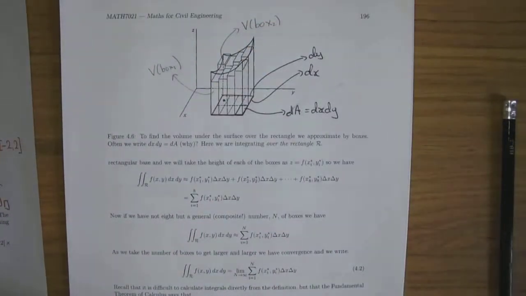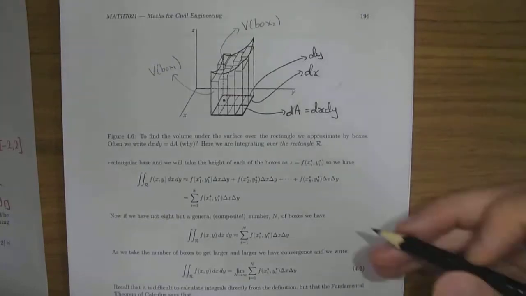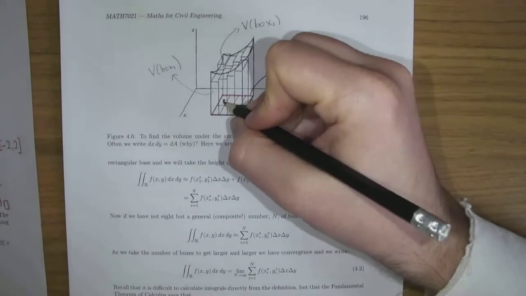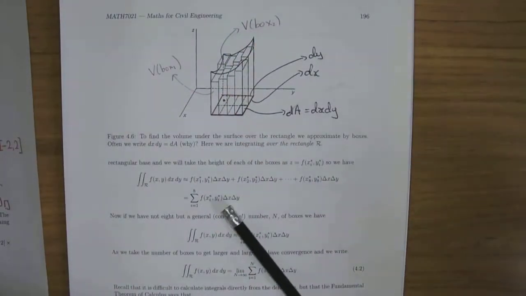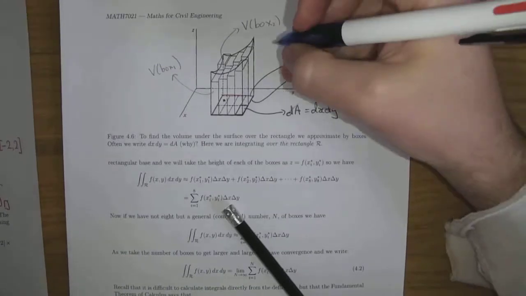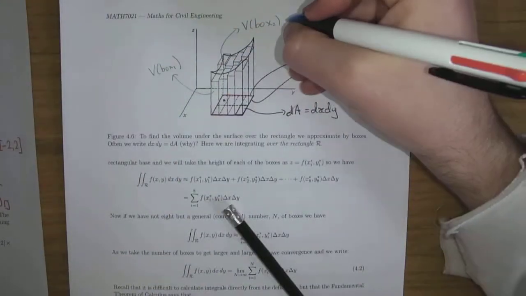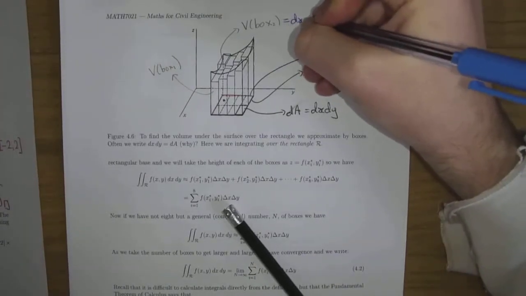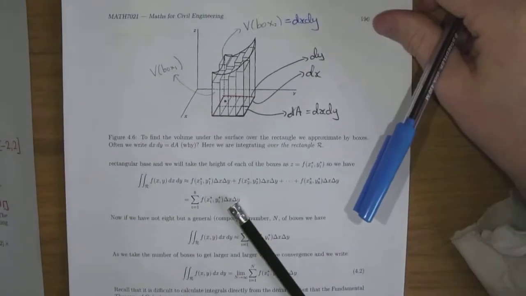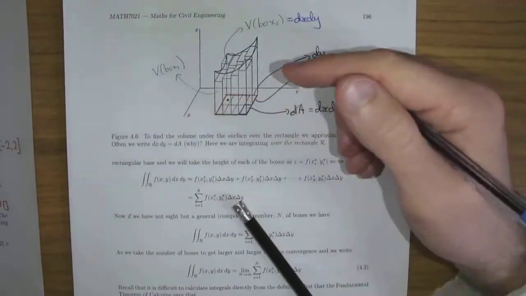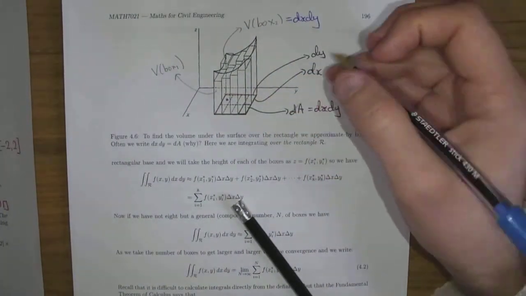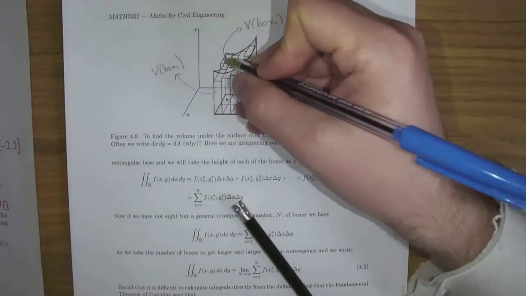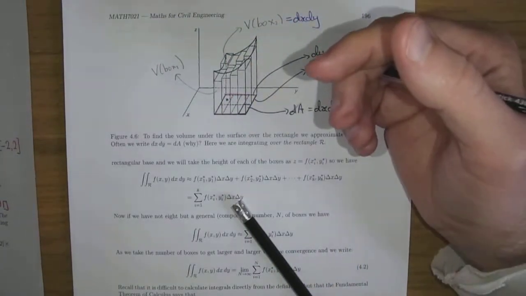The volume under the curve over this is approximated by the volume of the box, which is multiplying all the lengths together. So you get dx by dy, and then you take this midpoint, which I'm calling x2 star, y2 star, and evaluate the function at that point. That'll be the z value. That will be your height.